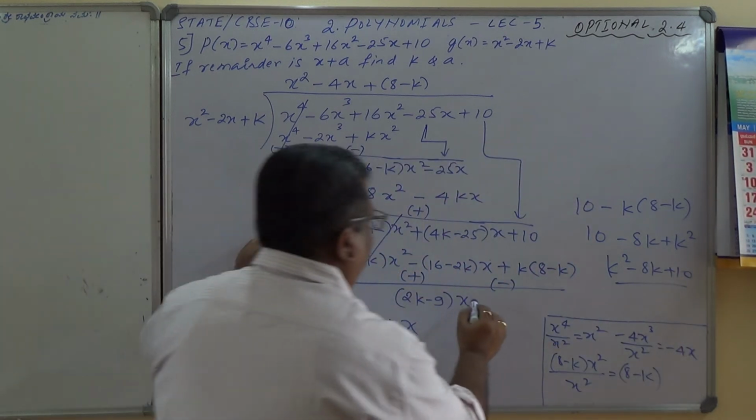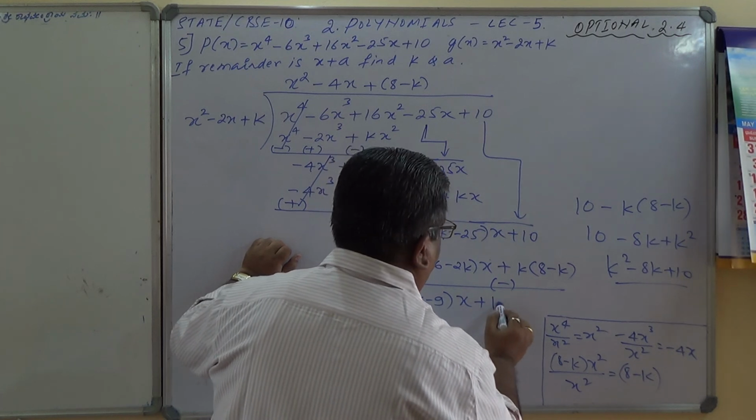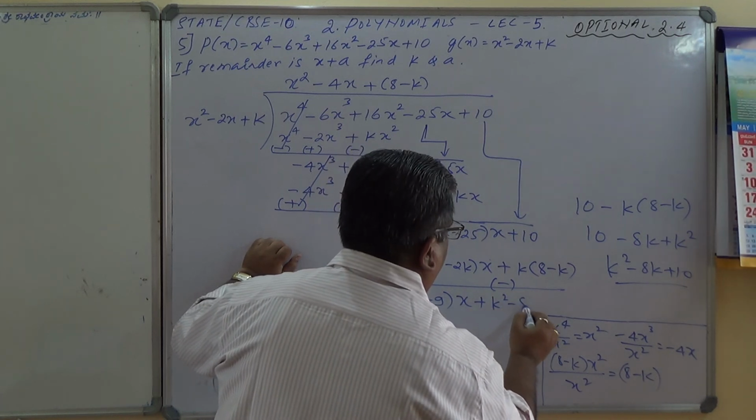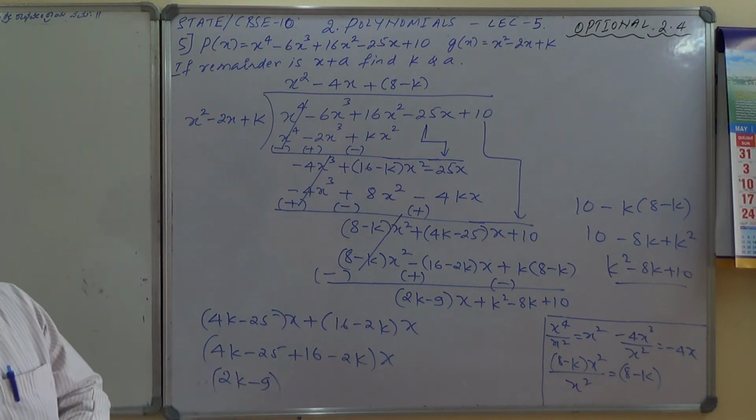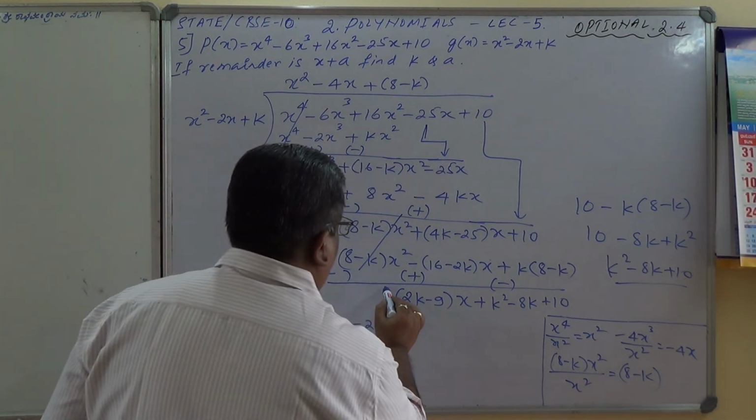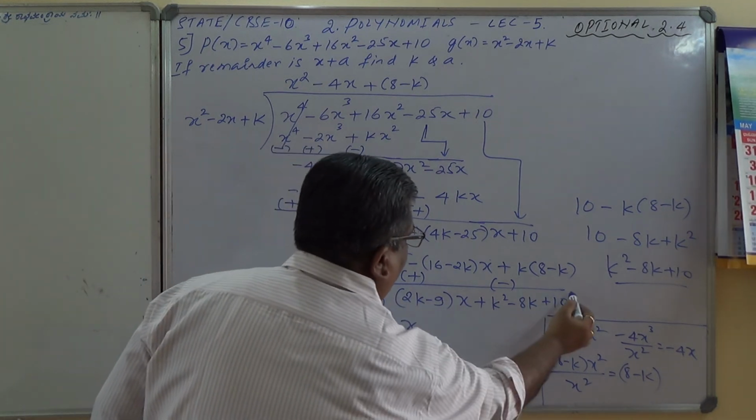So I'll write here plus k square minus 8k plus 10. Finally I have got this as the remainder over here.